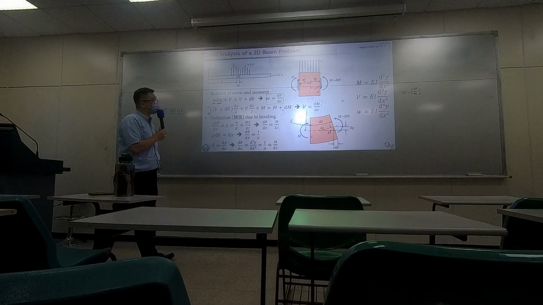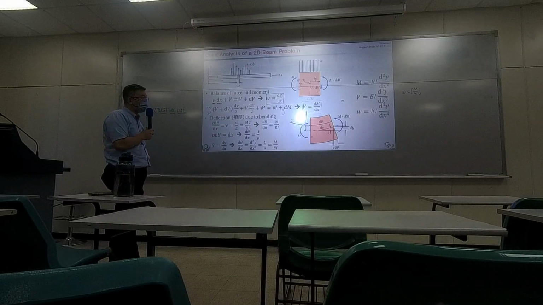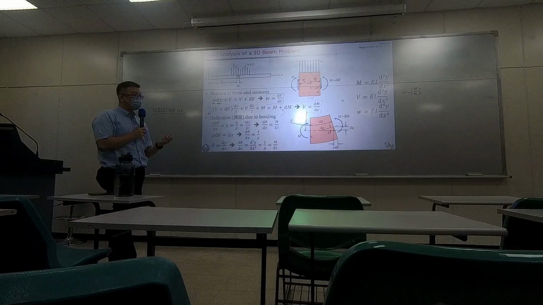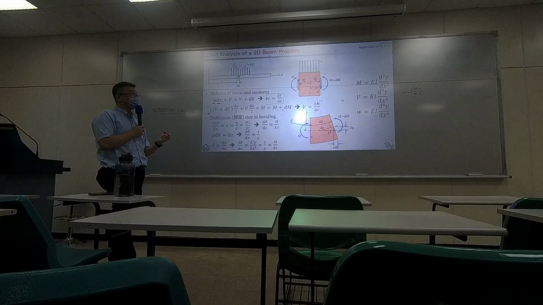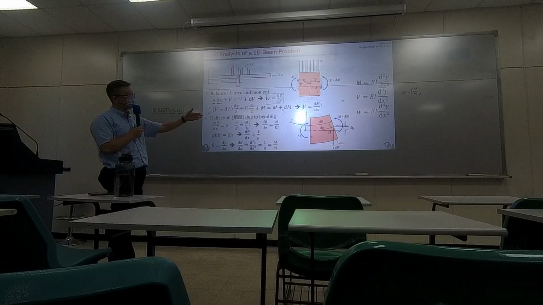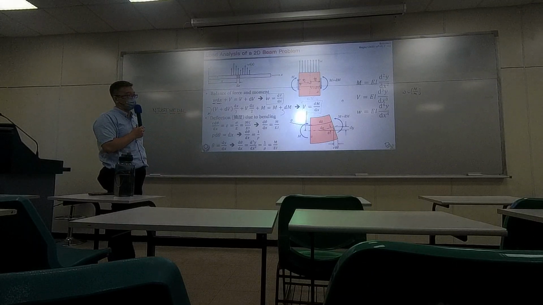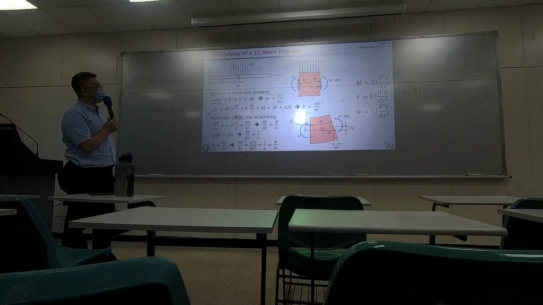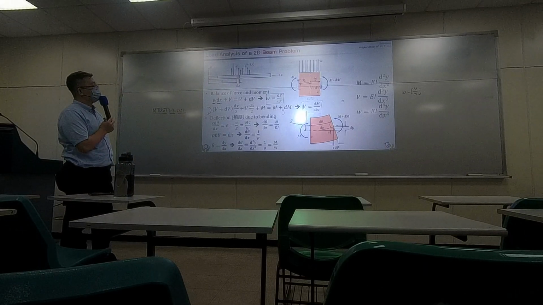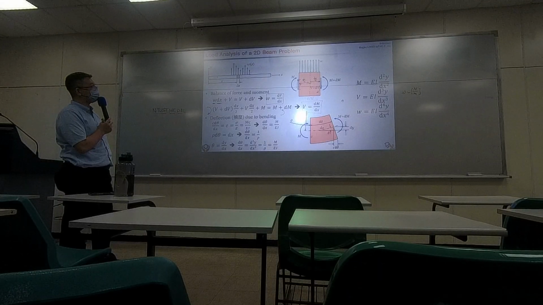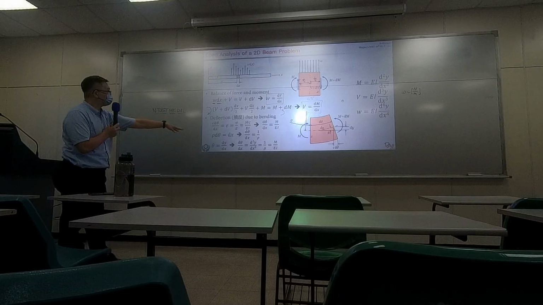So if you would like to figure out how much increment of the moment you will have, you need to know what's the shear force. So V equals dM over dx. Okay? Later on, we need to do something here.